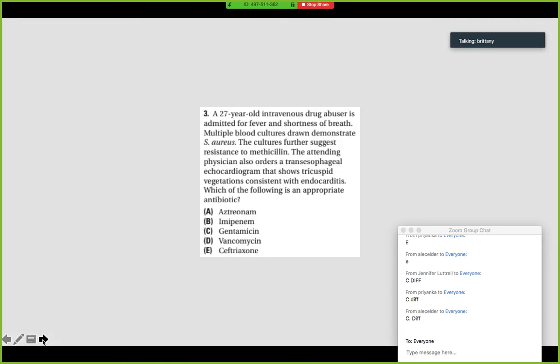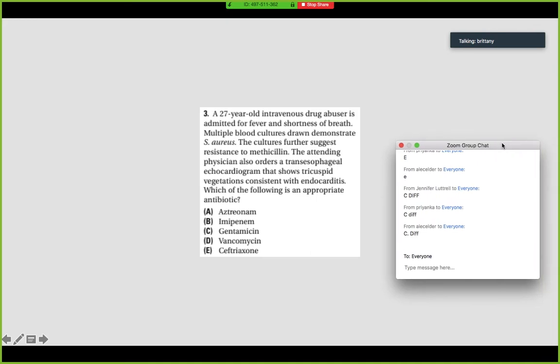All right. Next, a 27-year-old IV drug abuser is admitted for fever and shortness of breath. Multiple blood cultures are drawn and demonstrate Staph aureus that are resistant to methicillin. So basically she has endocarditis. What is the most appropriate antibiotic?